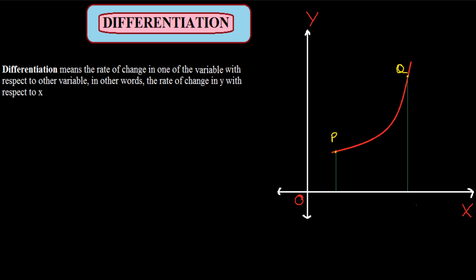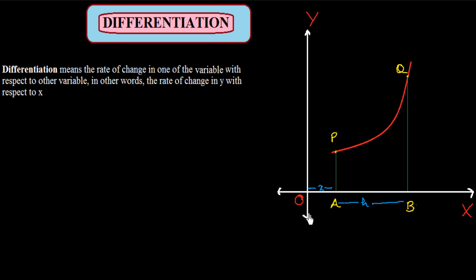So I give some names to these points. This is our A point and this is our B point. We see the distance from O to A is x, and the distance from A to B is h.